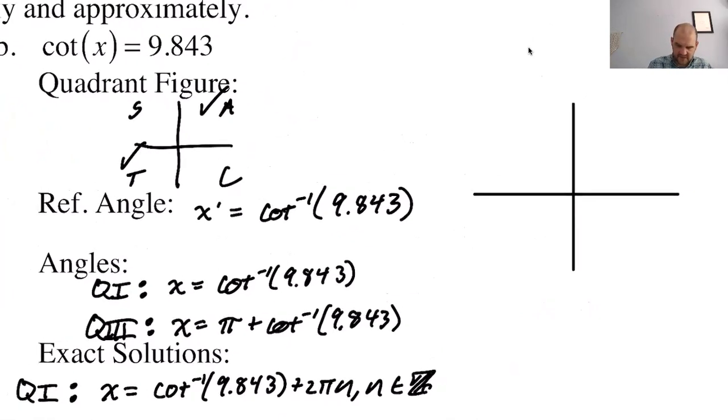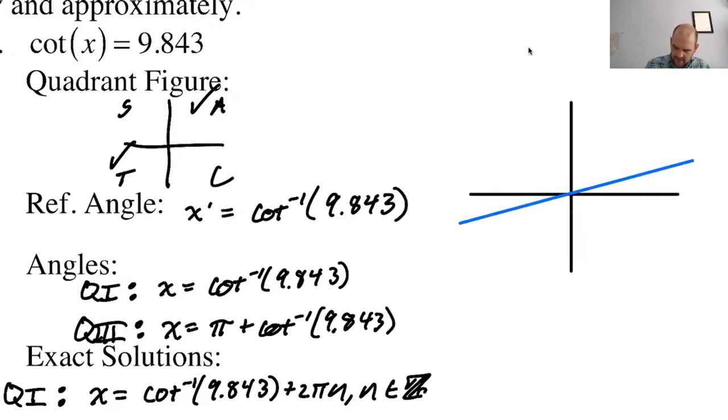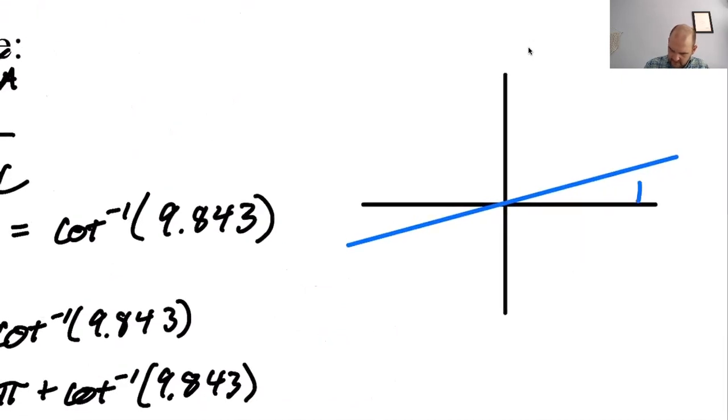All right, so I'm going to draw a line that goes through the origin. So this line right here, this is our reference angle, and it's the actual angle. This is also our reference angle. It's not the actual angle because the actual angle is pi plus the reference angle.